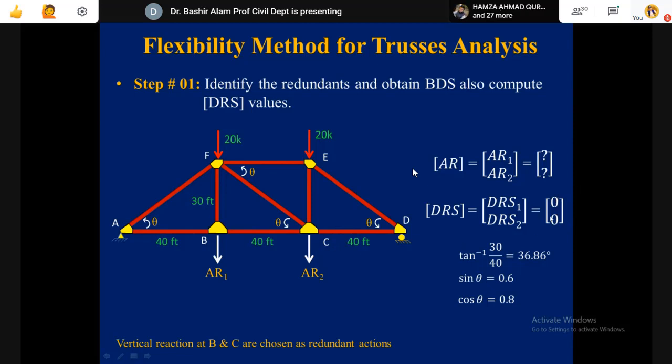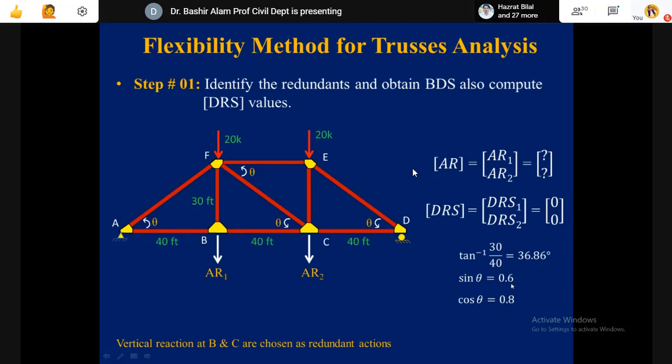So 0 and 0. And then I'm finding out the theta, which the diagonals are making with the bottom horizontal chord. This will become tangent inverse of 30 divided by 40, perpendicular divided by base, 36.86.